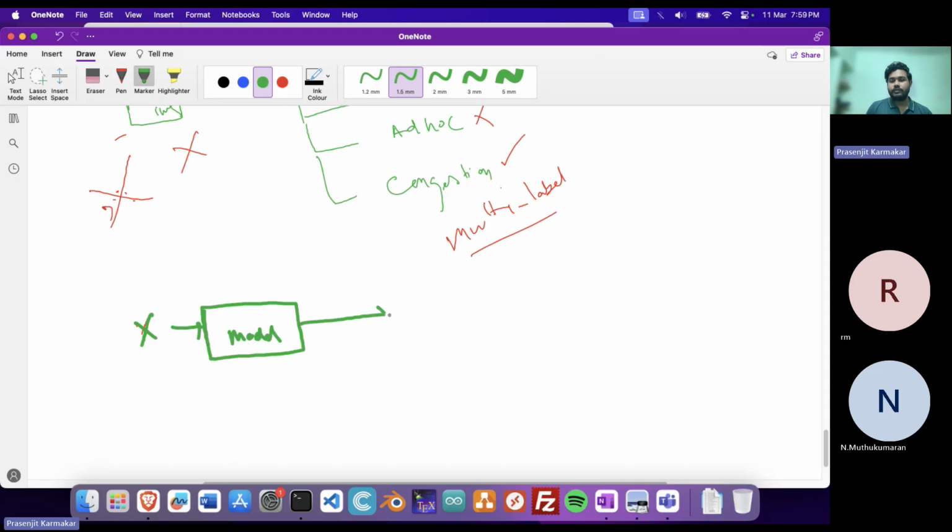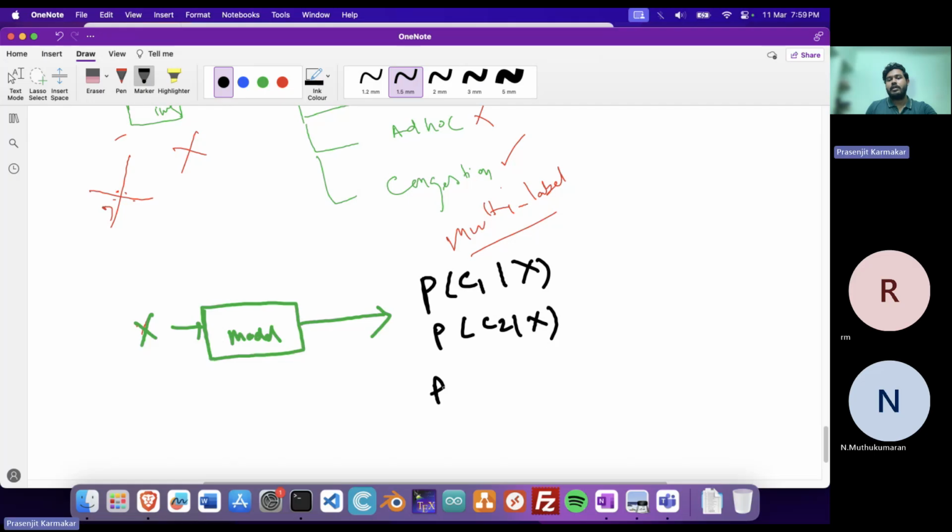Now what it gives you as an output, I'm talking about general, it applies for neural networks and any machine learning model, is the probability of class C1 given X, probability of class C2 given X, probability of class C3 given X, up to probability of class Cn given X. Let's say there are n classes, and the assumption is that the summation of all these probabilities Ci given X, if I just sum over i, would be 1.